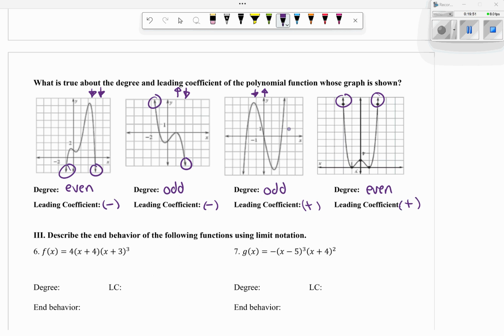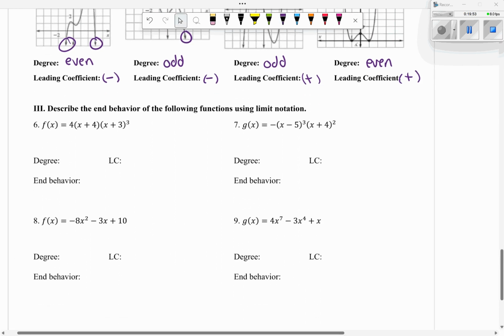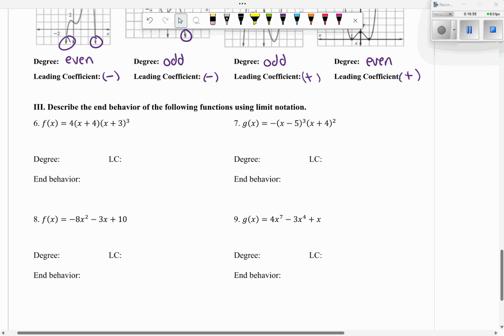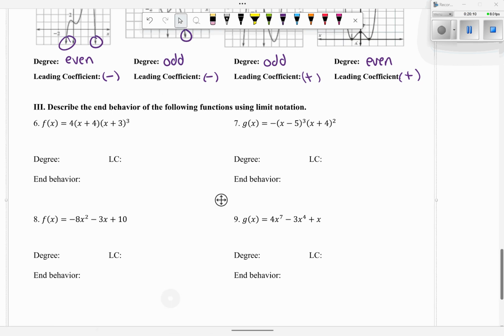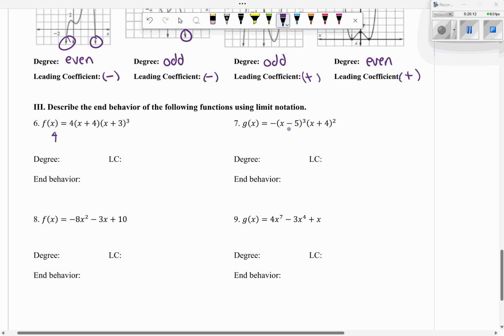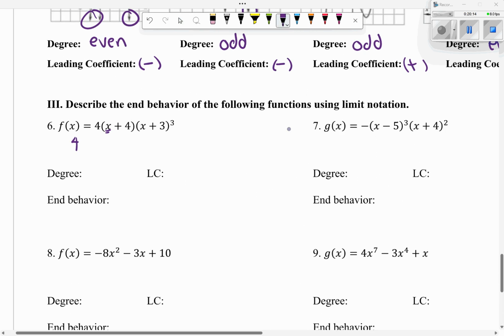Now in the last part, it says we're going to describe the end behavior of the following functions using limit notation. Keep in mind, if it's not in standard form, you always want to think about it in standard form. For this one, think about multiplying all of our first terms out. We would have 4, then x to the first power, and this is also x, but it's to the third power.